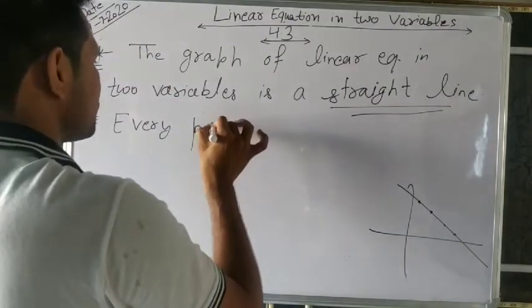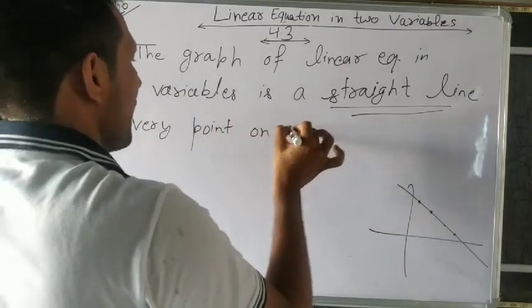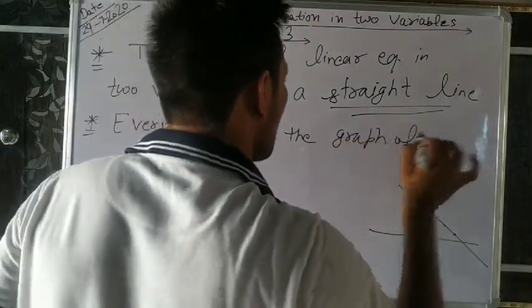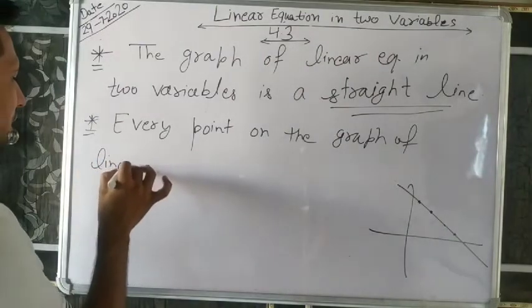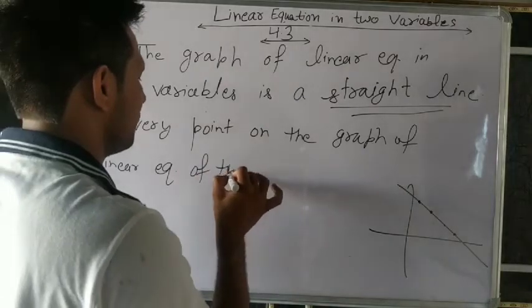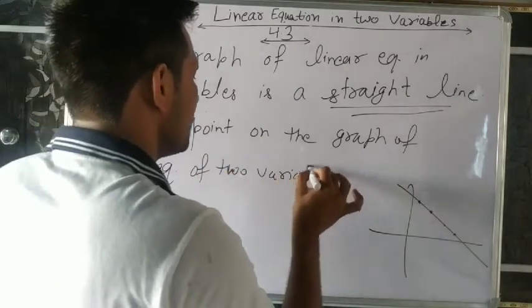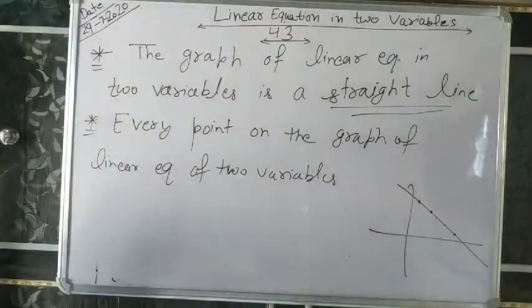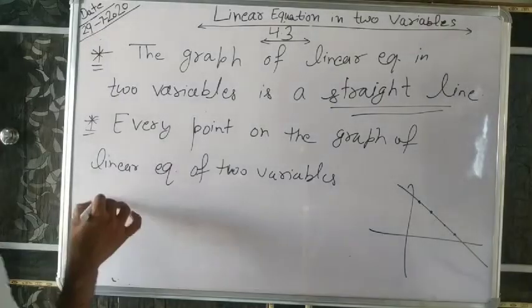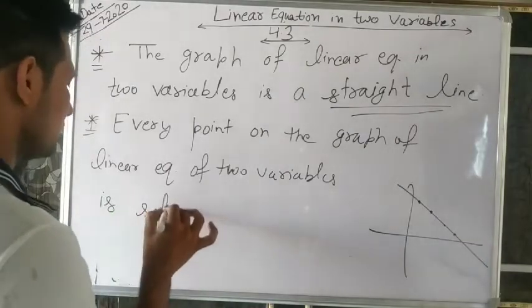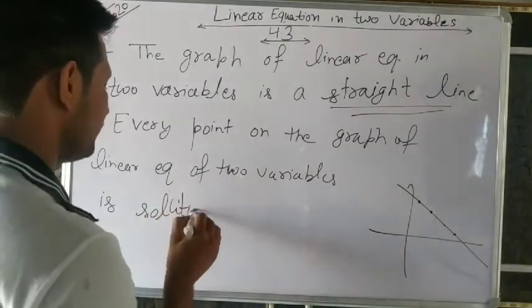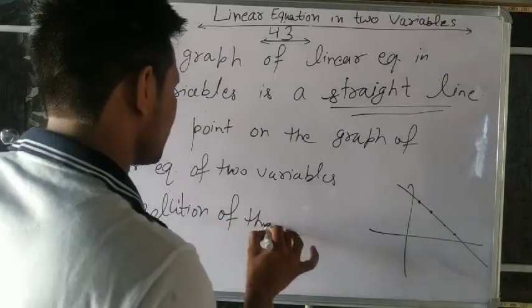Every point on the graph of a linear equation in two variables is a solution of the equation.